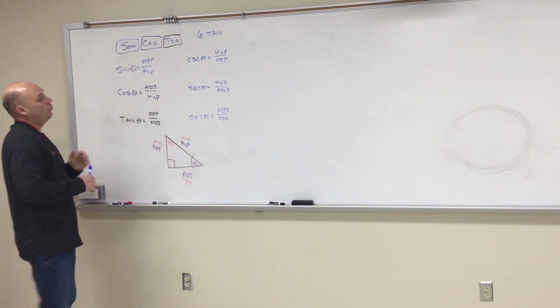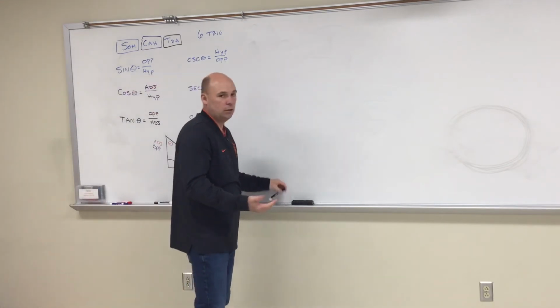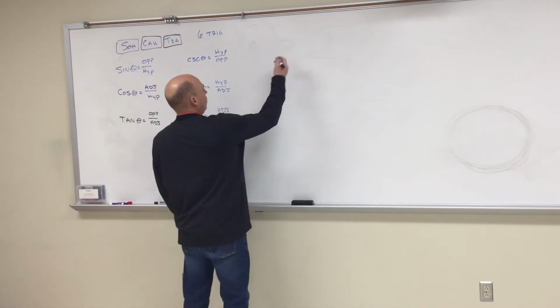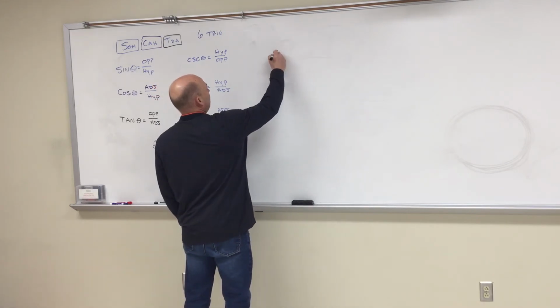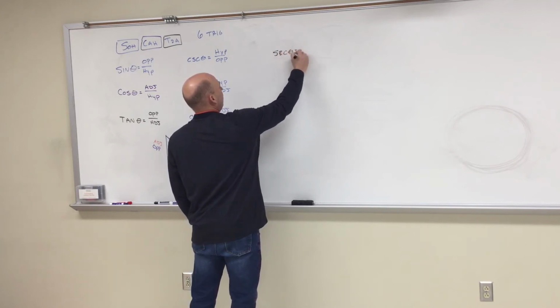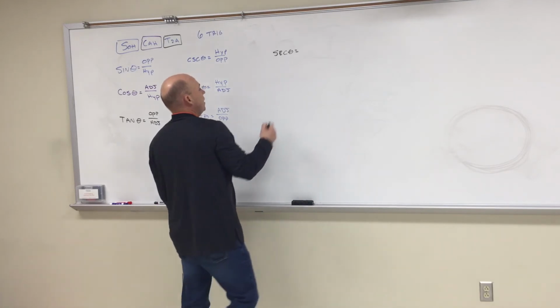Okay? So for part of your homework, you have to figure out the 6 trig functions. All right, so let's run through how to do that. Let's say I told you on a problem in the homework that the secant of theta equals, let's go 10 over 7.